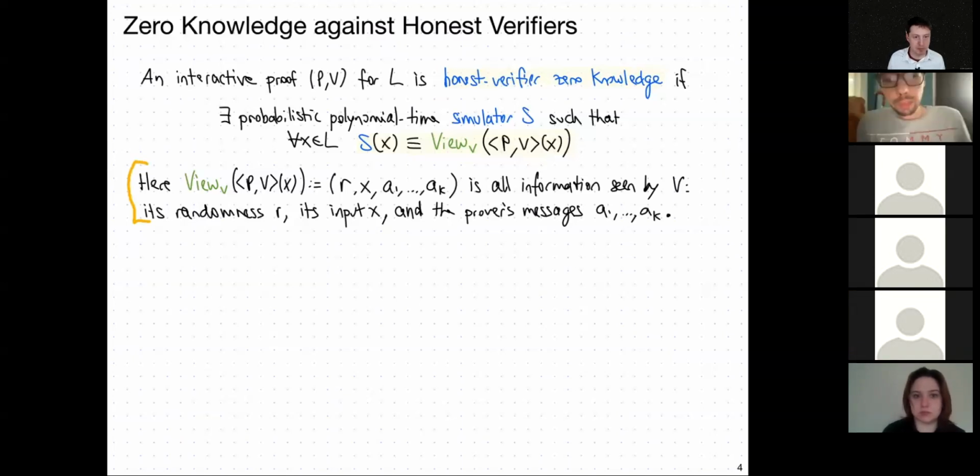Can I ask a clarifying question? When we write that the left side is equal to the right side, we treat both of them as random variables, right? In the left part, the randomness comes from the randomness of the simulator, and in the second part, the randomness comes from the randomness of the prover, right?